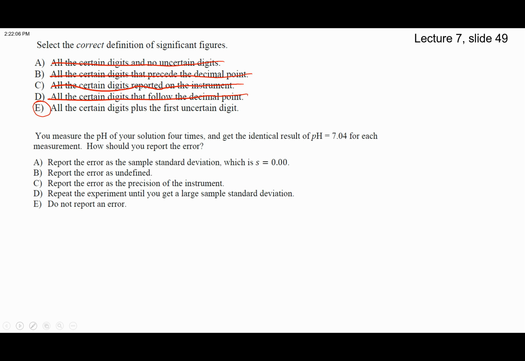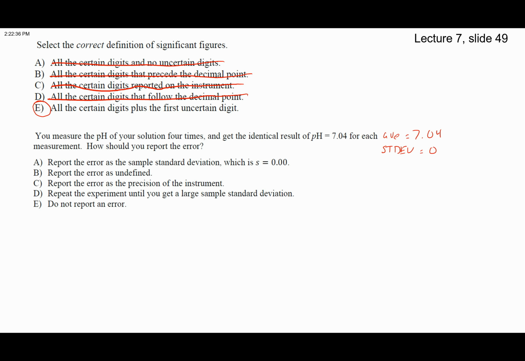You measure the pH of your solution 4 times and get the identical result of pH 7.04 each time. How should we report the error? Well, if I were to do that 4 times, my average would be 7.04, and my standard deviation would be 0.